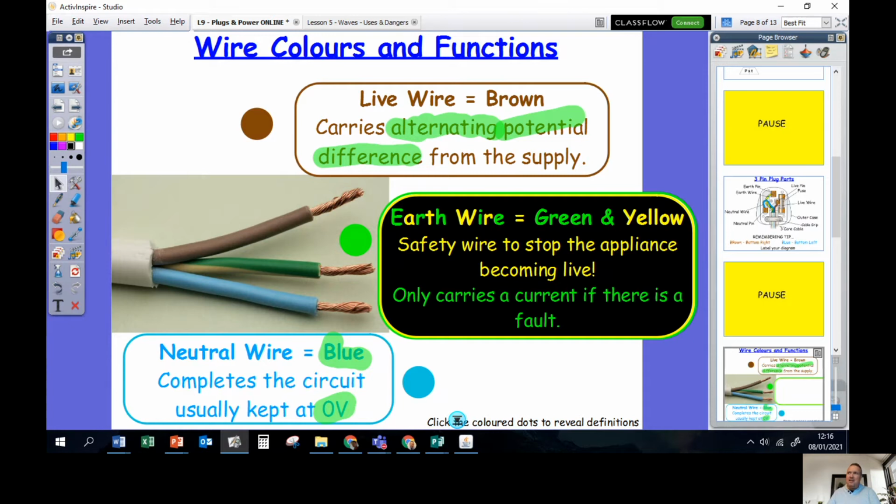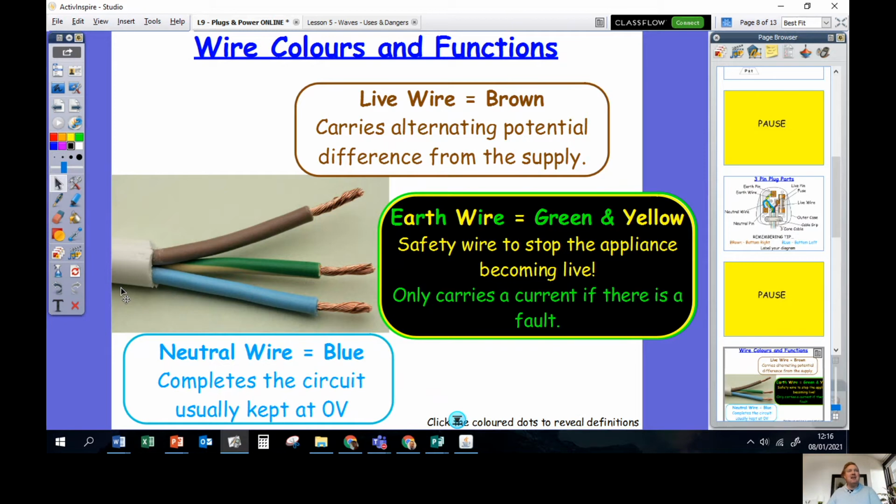Now, we only need that for devices which are metal on the outside, something which could become live and give you an electric shock. So we've got our live wire, which sits there being alternating between positive and negative voltage, plus, minus, plus, minus, plus, minus. We've got the neutral wire that sits at 0 volts compared to the live wire.